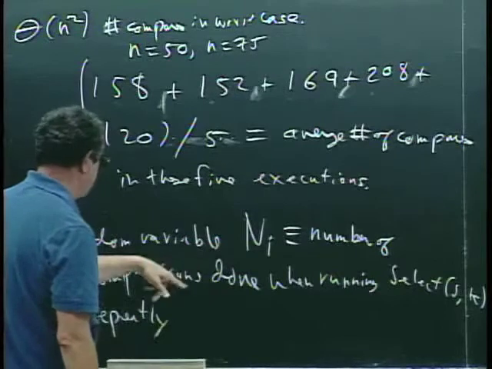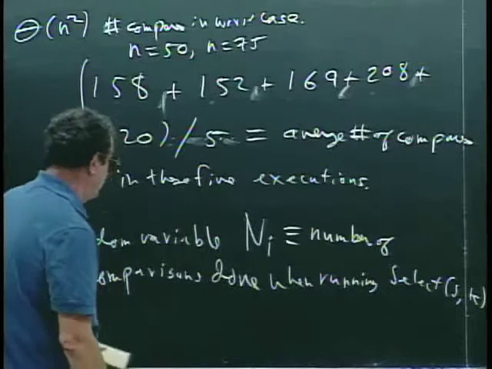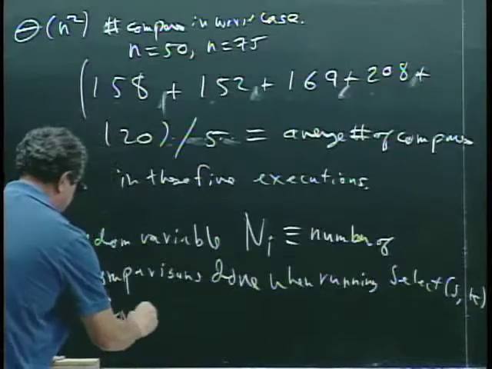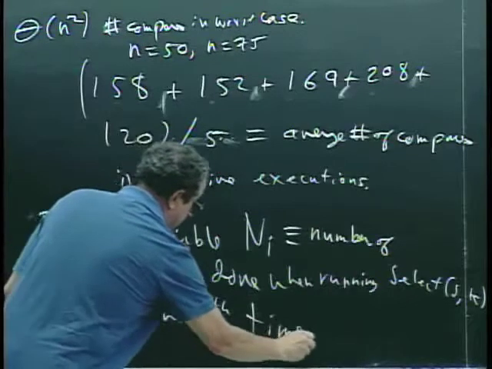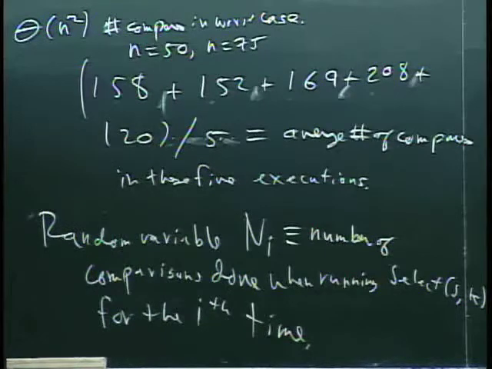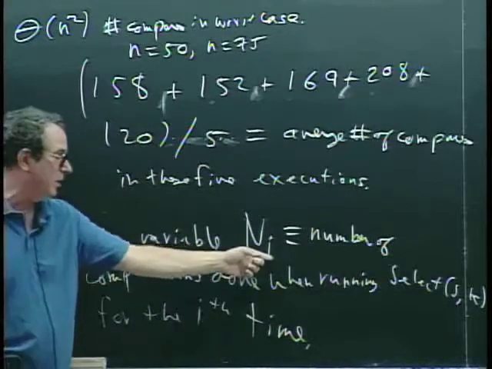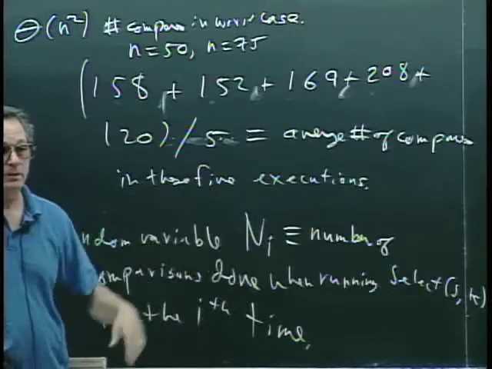It's the number of comparisons done when running select sk for the ith time. Again, it's the randomized version, and the first time you run it, n1 is the number of comparisons that are done. The next time you run it, it's n2, and so on.